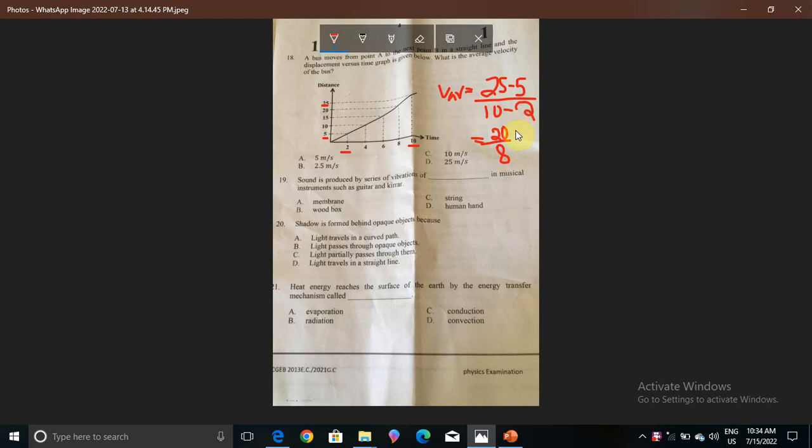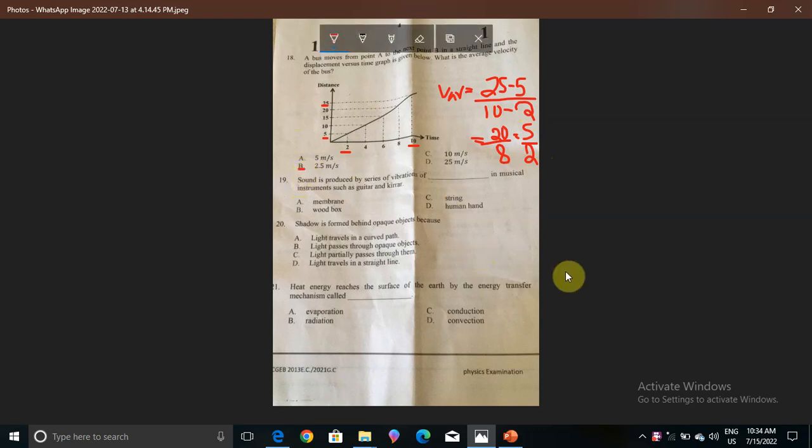That means when we divide, it will be 5 over 2, and 5 over 2 in decimal will be 2.5 meter per second. So the correct answer for question number 18 is B.